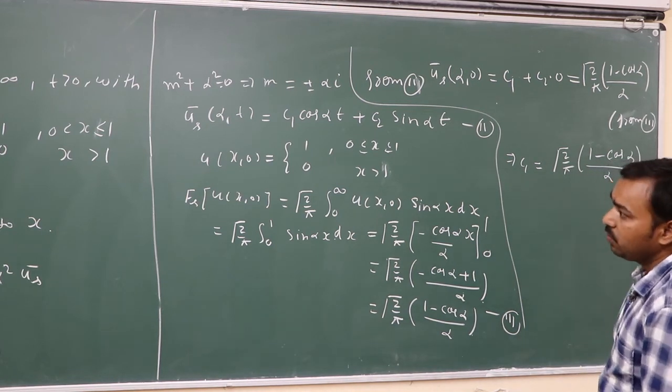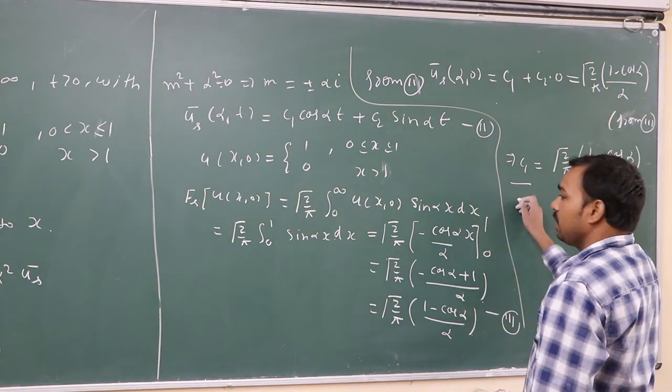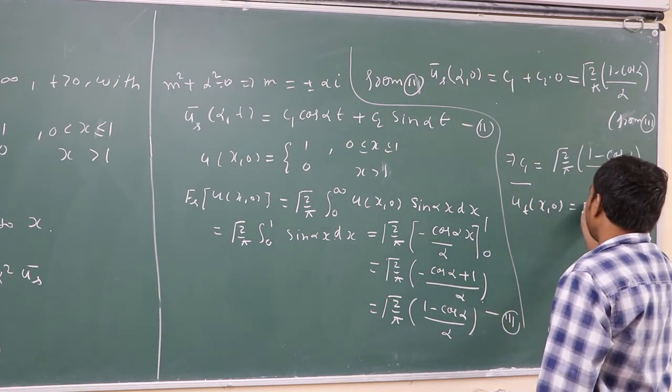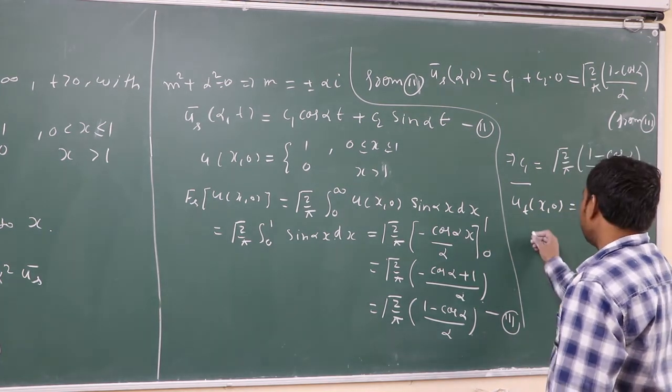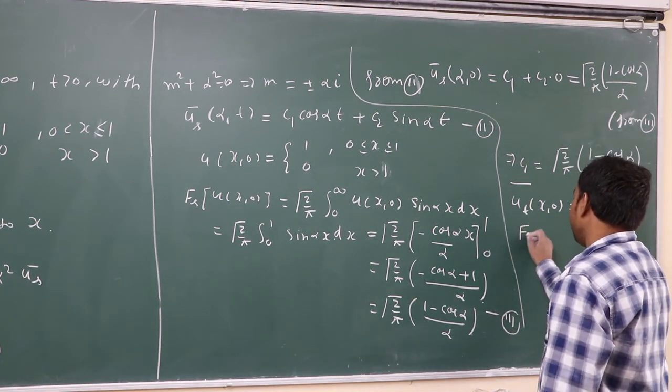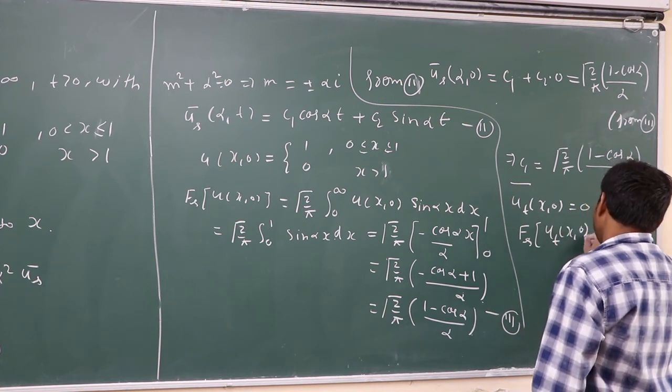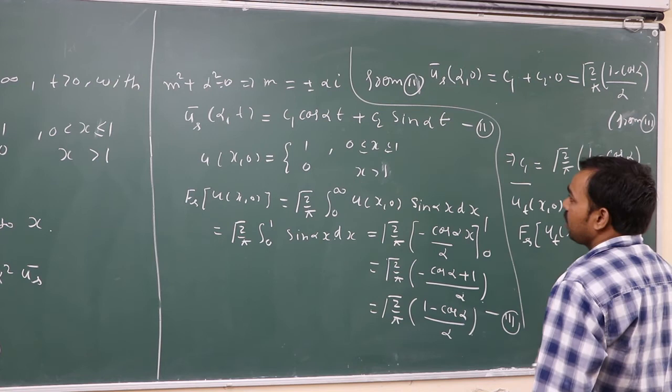As we know that one more condition is given, that u t x 0 equal to 0, if you take the Fourier sine transform of u t x 0, we simply get 0.